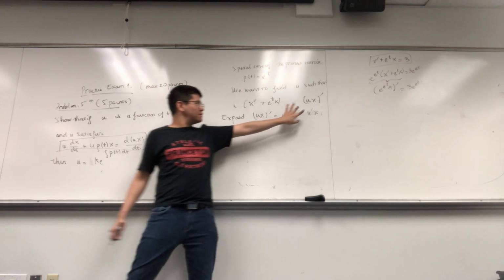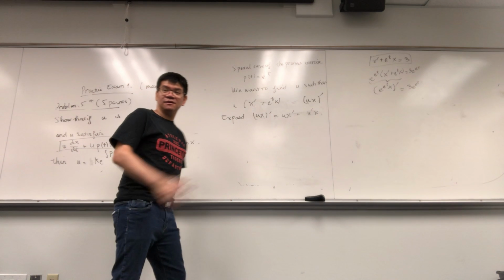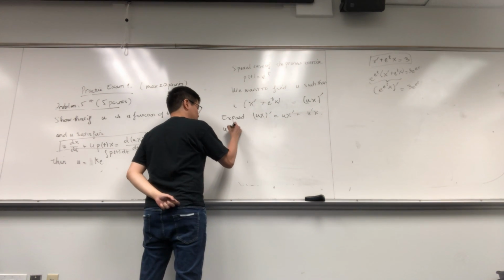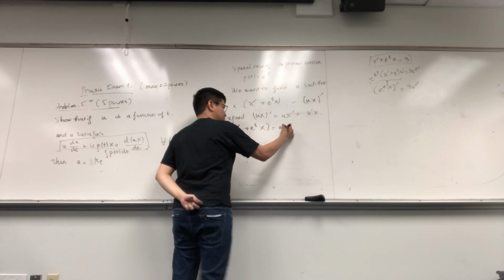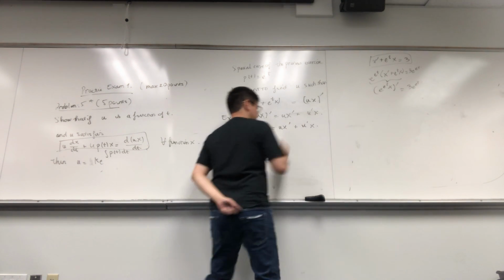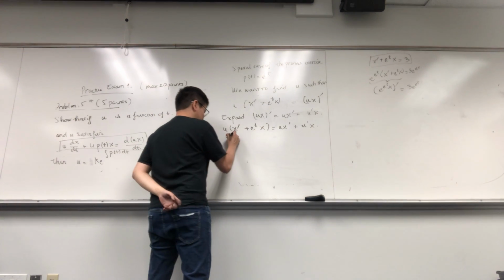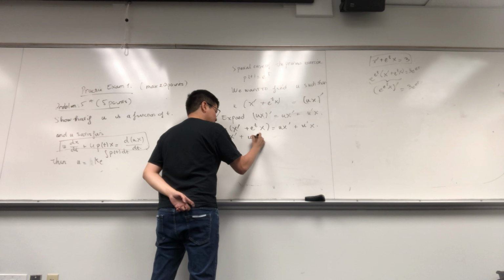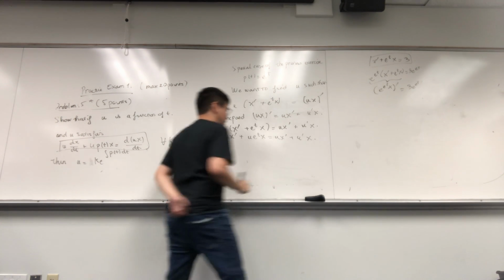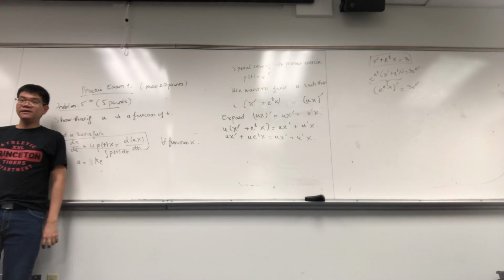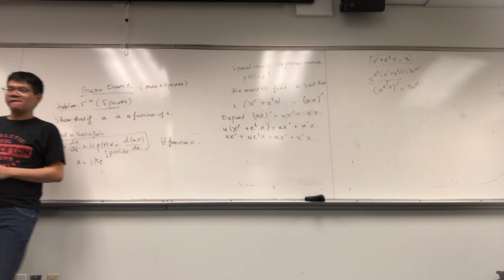So you expand the right-hand side: (u x) prime is u x prime plus u prime x, and I'm going to make them equal. u x prime plus e to the t x is u x prime plus u prime x. I'm going to expand on the left-hand side: I have u x prime plus u e to the t x is u x prime plus u prime x. So what can I see from this equation?